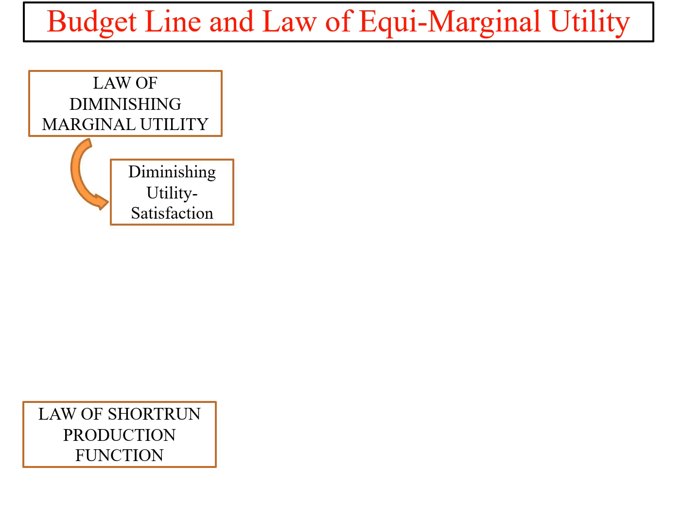You all know that when you consume one commodity on a subsequent basis, ultimately your marginal utility goes down. It connects to the satisfaction from the commodity.